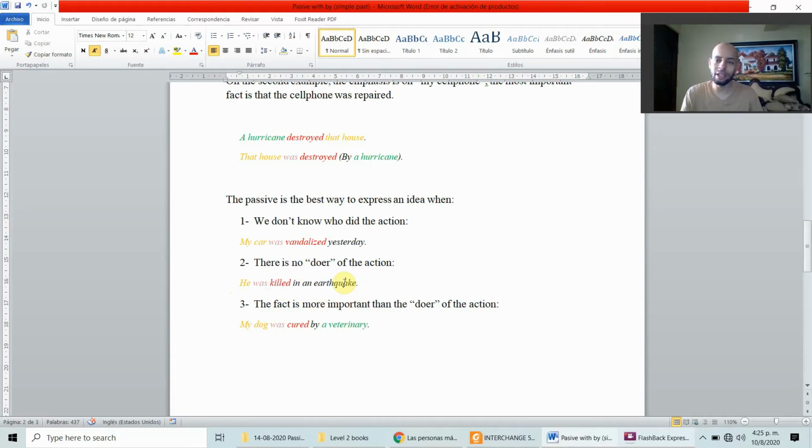No one did the action because he was killed in an earthquake. The earthquake did the action? Well, we could say that, but not necessarily. The fact is more important than the doer of the action.